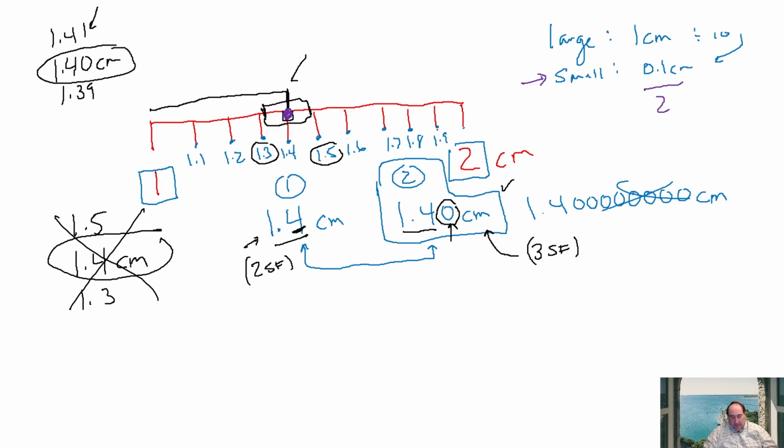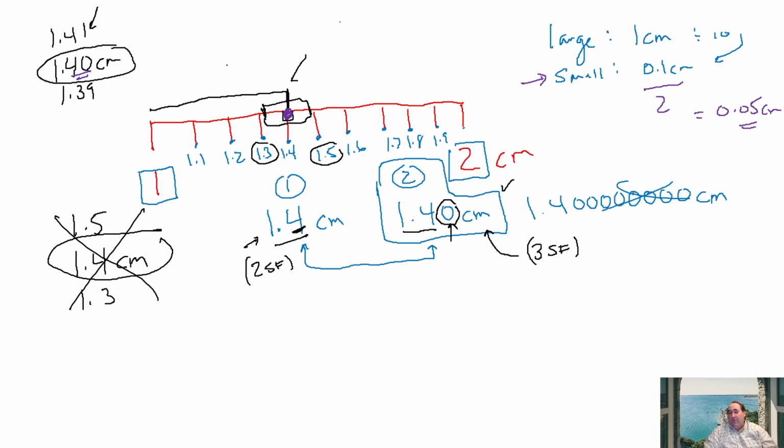If you take the smallest marking, for example here, 0.1, and divide it by 2, you will end up with 0.05 centimeters. That's basically 2 decimal places, and that's essentially how far you should take that reading.